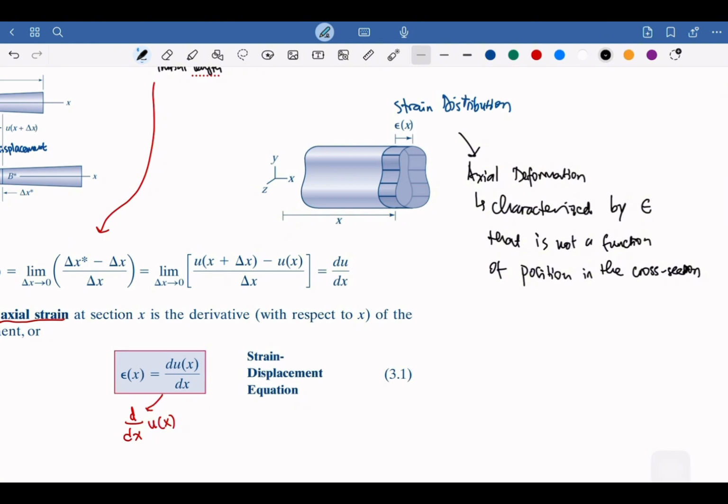So the total elongation will be e equal to UL minus U0. Basically, that is the elongation.